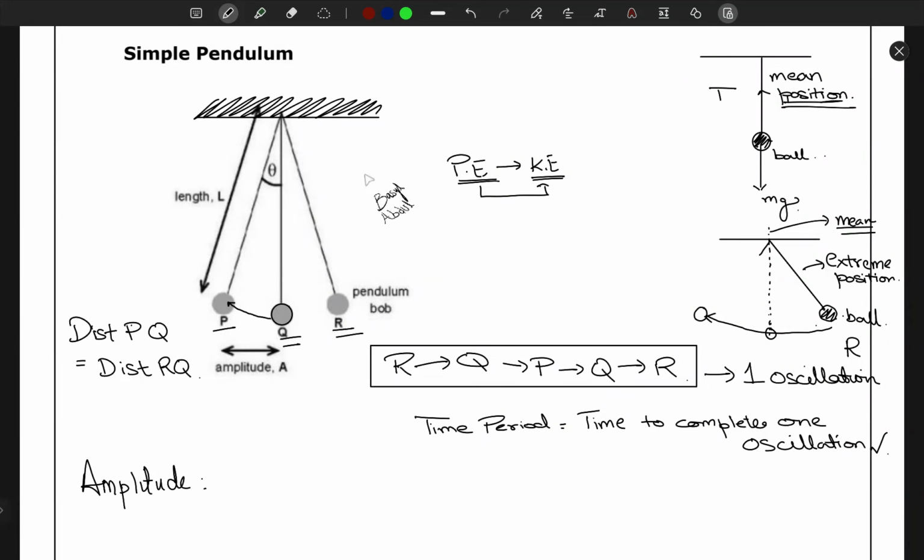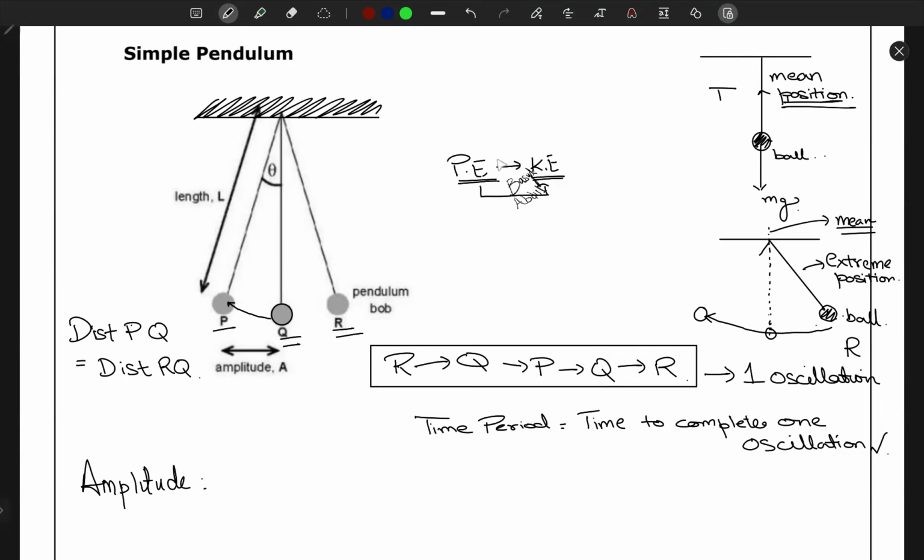We were discussing a simple pendulum, and some of the terms that are used for it. We talked about how the simple pendulum works, how the oscillations work. It was based on the principle that energy has to remain conserved.